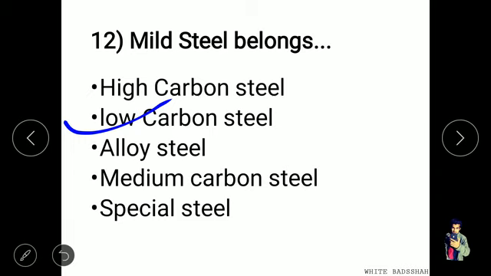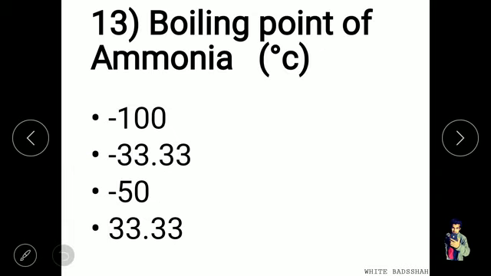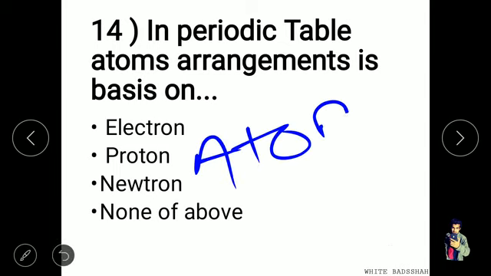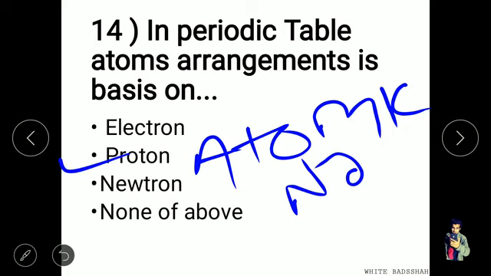The boiling point of ammonia is minus 33.30 degrees Celsius. In the periodic table, atoms are arranged on the basis of atomic number, which is based on the protons inside the nucleus.